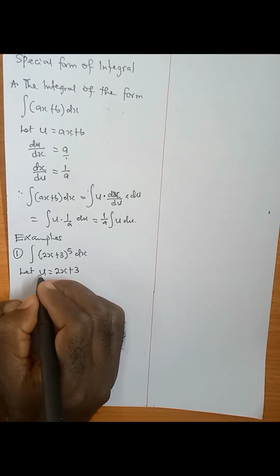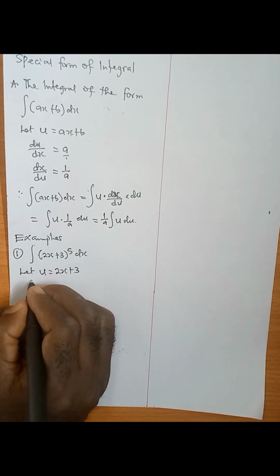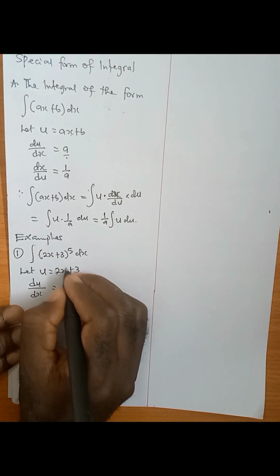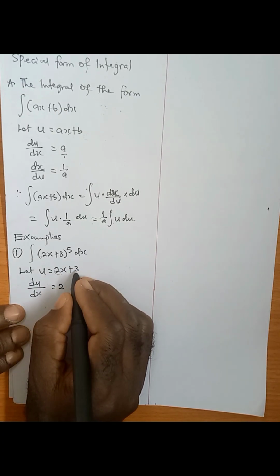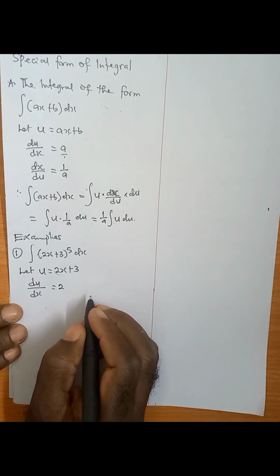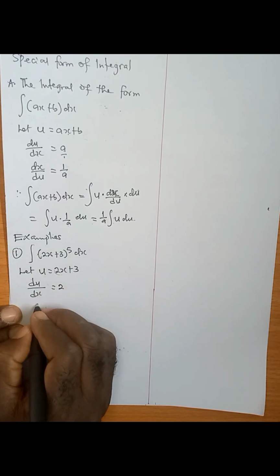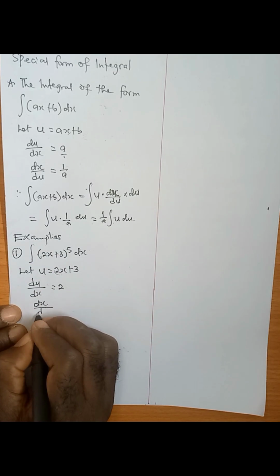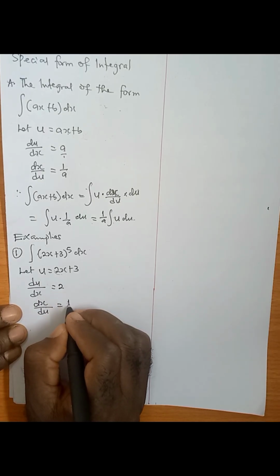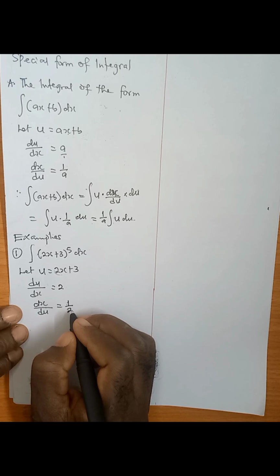Then we now differentiate u with respect to x. We have du/dx is equal to, when we differentiate 2x, it will give us 2. When we differentiate 3, being a constant, it's 0, we throw it away. Then we invert this, we have dx/du will be equal to what? Remember, 2 is standing on top of 1. When we invert it, it turns to 1 over 2.